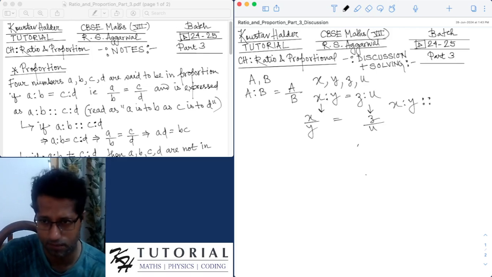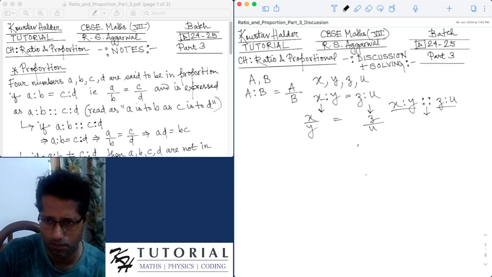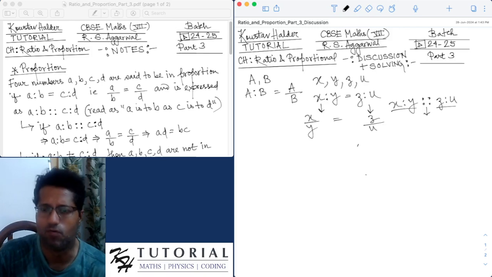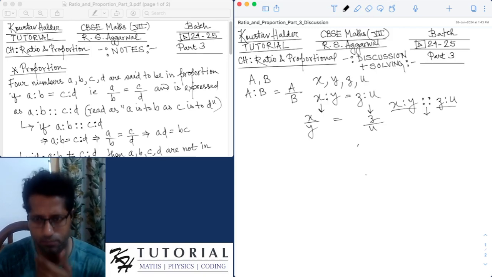The left hand side of the double colon is x is to y, which is the ratio between x and y, and on the right hand side we have z is to u, the ratio between z and u. So this is the first ratio, this is the second ratio, and we put the double colon symbol in between to mean that the ratio x is to y is equal to the ratio z is to u, and overall we say that x, y, z, u are in proportion.